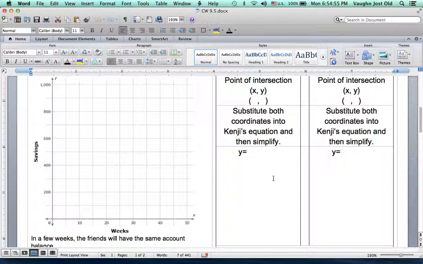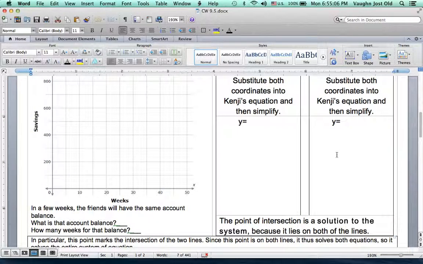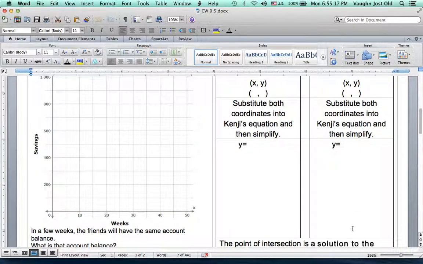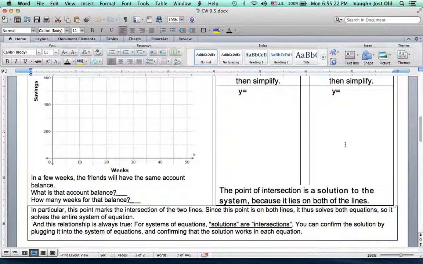We're going to simplify those equations, solve them out, and see if the equation is true for both of these two equations. So if we've found the correct solution up here for our x variable and our y variable, both of these equations should come out balanced to show that they are both true. At that point, then we can answer this question down here. What is the account balance and how many weeks did it take for those two friends to have the same account balance?